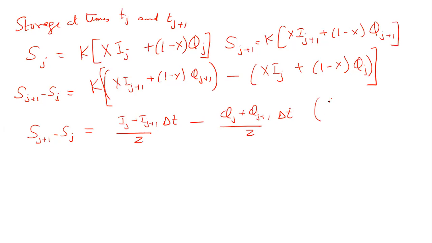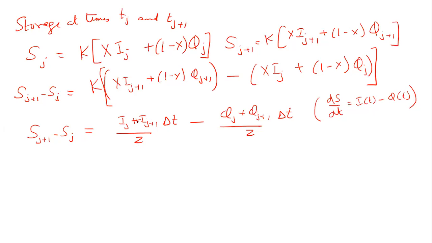What is this expression? It is simply dS by dt equal to I of t minus Q of t. Instead of writing it in the differential form, I'm writing it in difference notation, a forward difference actually. The left hand side is a difference. On the right hand side, I've converted it to area under the flow.